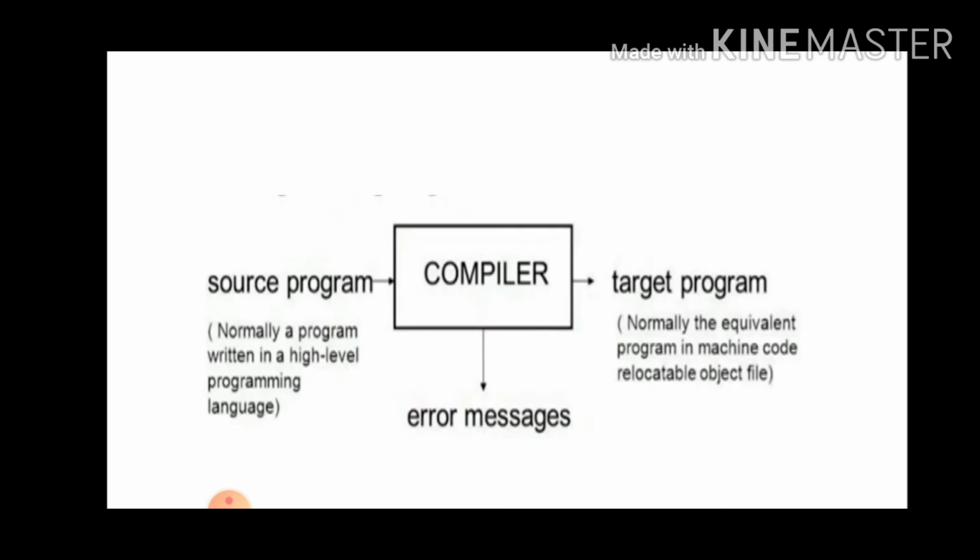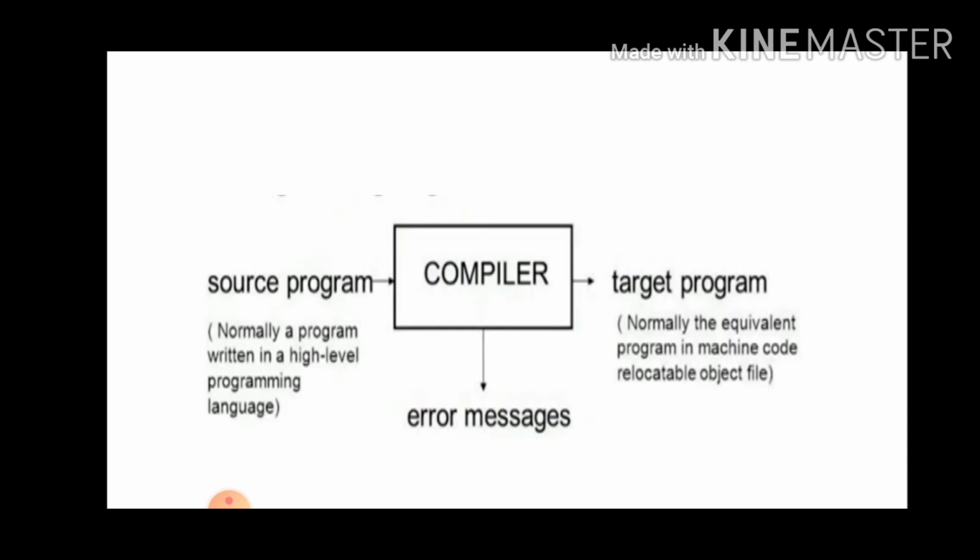So let's move further. What is a compiler? We know what a source program is: a program written in a high level language. High level language is just one name, but it involves many programming languages. The compiler translates this source program into a target program, the equivalent program in machine code, a relocatable object file.